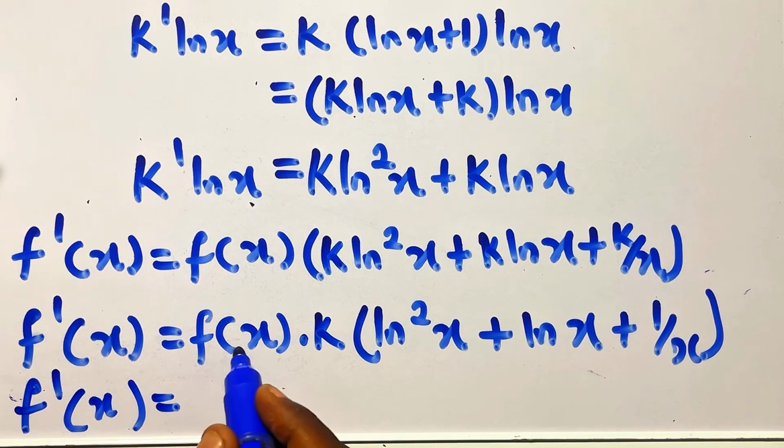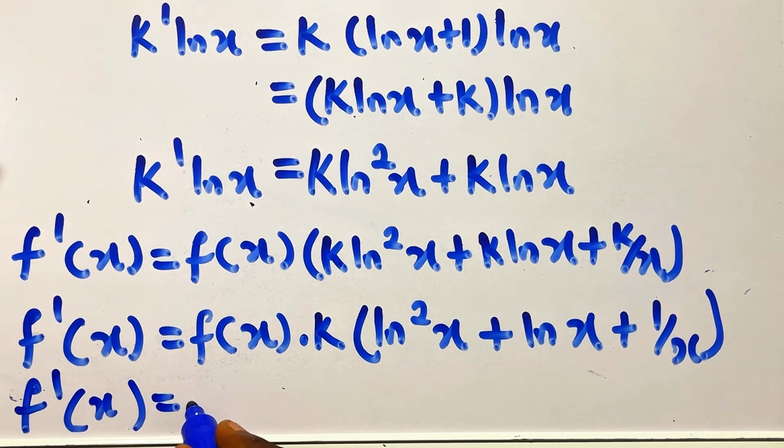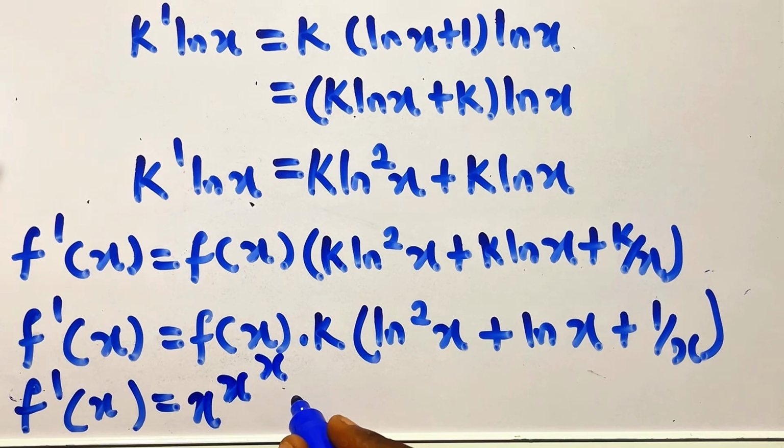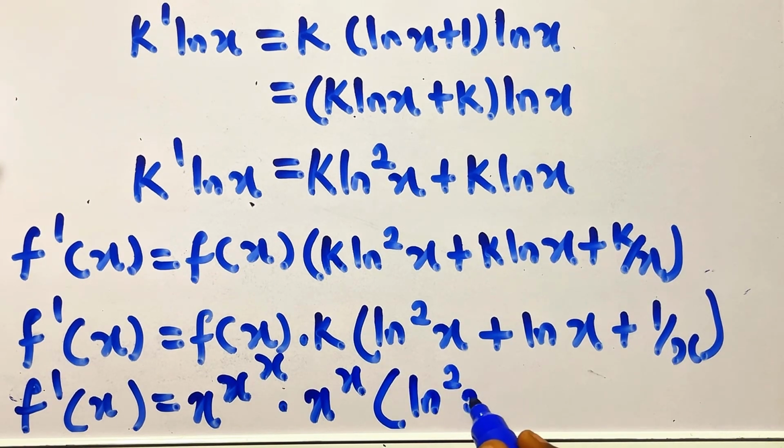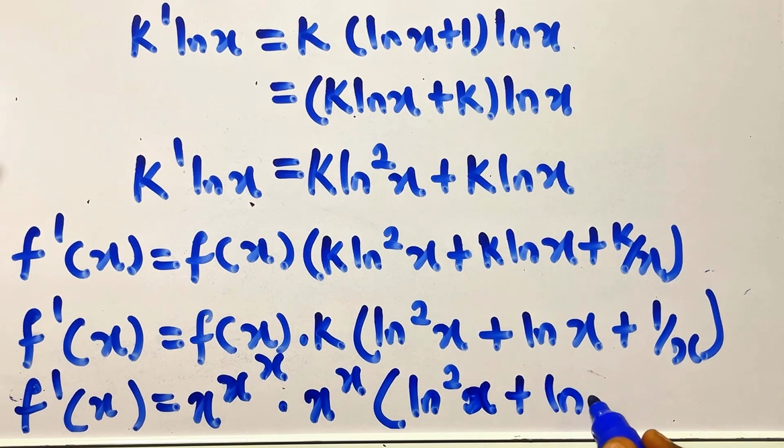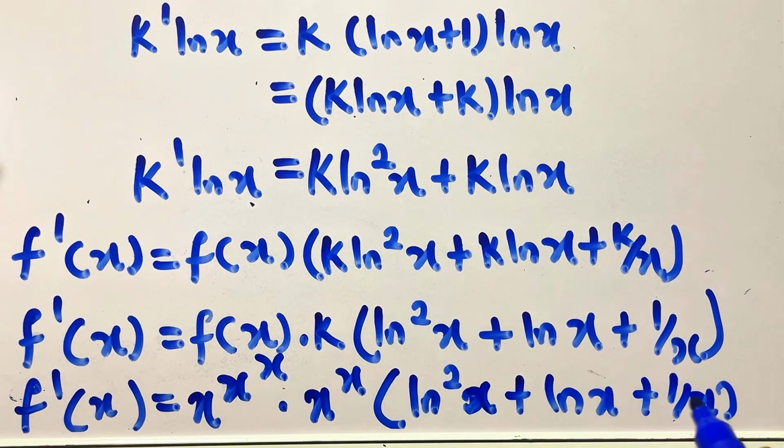Don't forget that our f of x is given to be x raised to the power x, then raised to the power x, and our k is given as x raised to the power x. So we have multiplied by x square ln square x plus ln x plus 1 divided by x. Guys, this is our final answer.